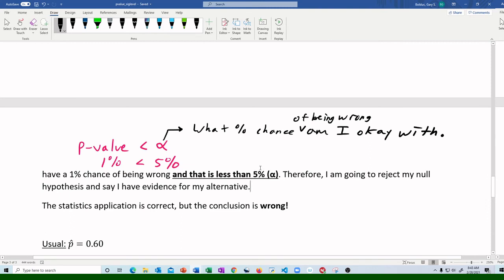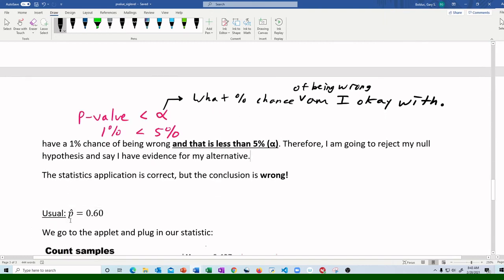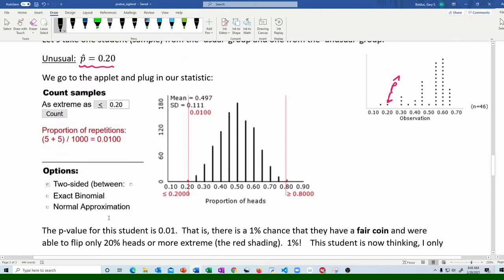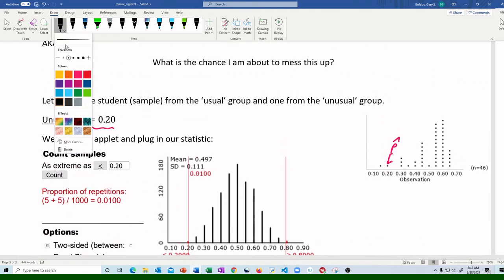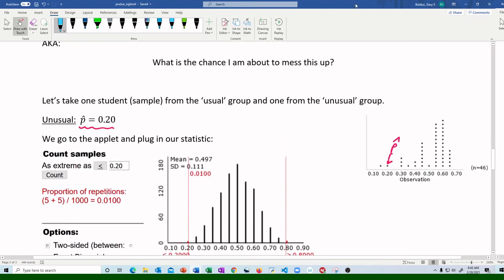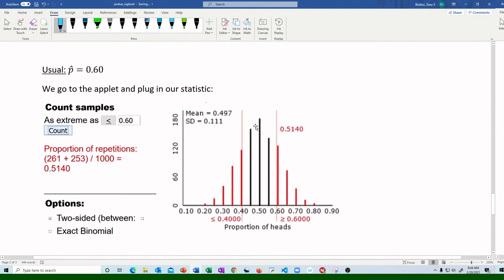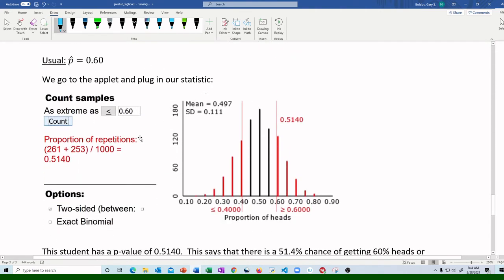So let's just see what would happen and connect all these dots now with a usual statistic. I'm going to go up here and we'll pick out one person, this one. This is a new p-hat that I'm going to use, 0.6. So I go down here, 0.6. Go to the applet, we plug it in, put 0.6 in.